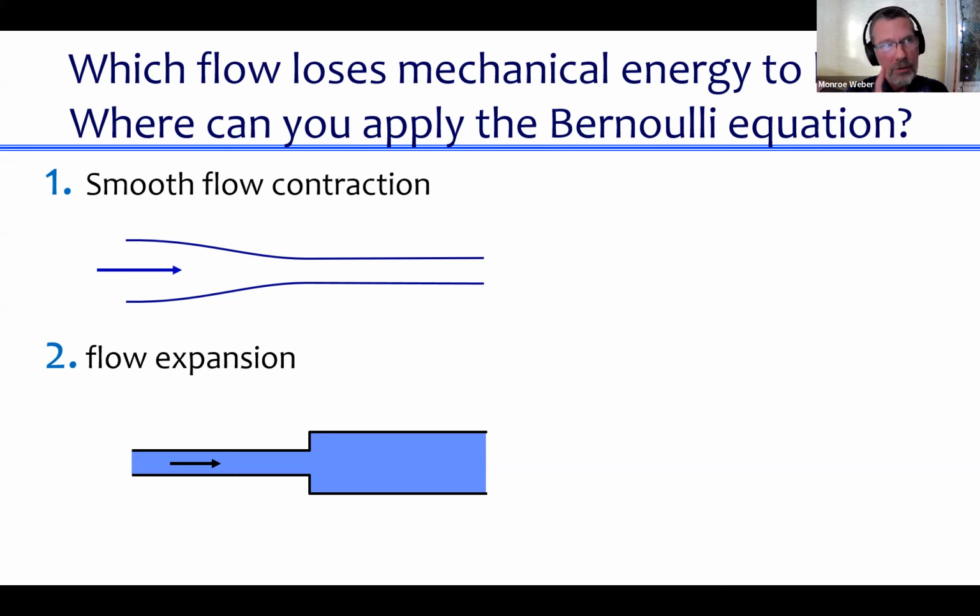But if you go through a gradual contraction, you don't. And it's kind of fun to understand why you lose energy in a sudden contraction. And hopefully by the time we're done with this, you'll get that. So for a smooth flow contraction, we can apply the Bernoulli equation.